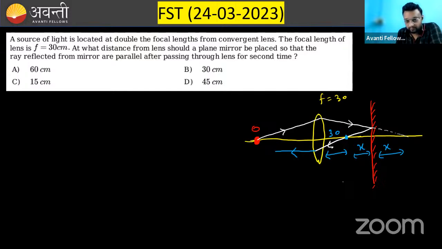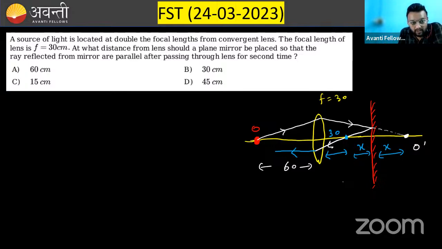Now listen to me again, very carefully. The object was placed at 60 centimeter. Focal length was 30. Then the actual image of this object would have been here. If the mirror was not there, the image would be formed here. But because there is a mirror, things will change.